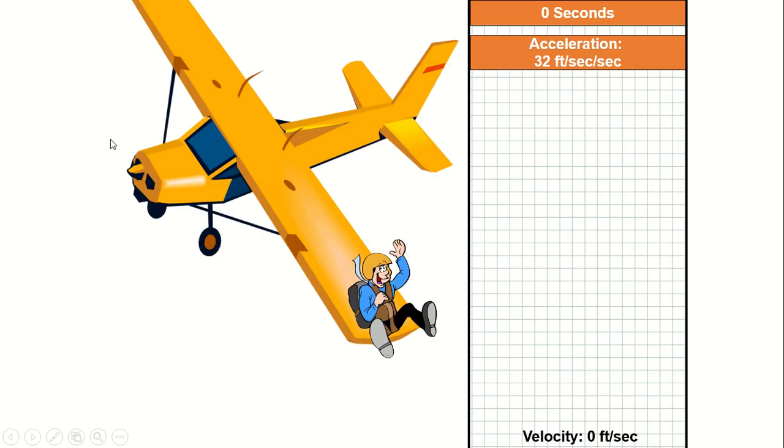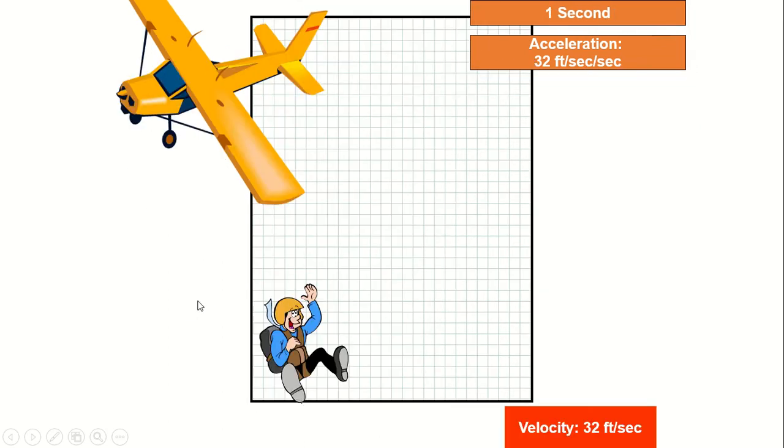So we've got this guy skydiving. Usually you don't just sit on the wing and fall off, but that's what we're doing. At the beginning, he's flying across, but we have our acceleration up here again, 32 feet per second squared. So after 1 second, his velocity is 32 feet per second because he's accelerating at 32 feet per second.